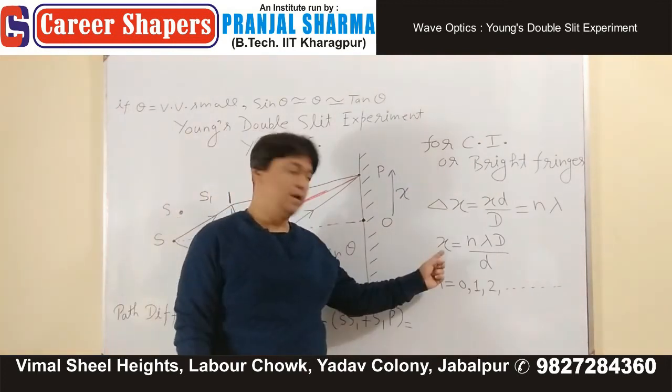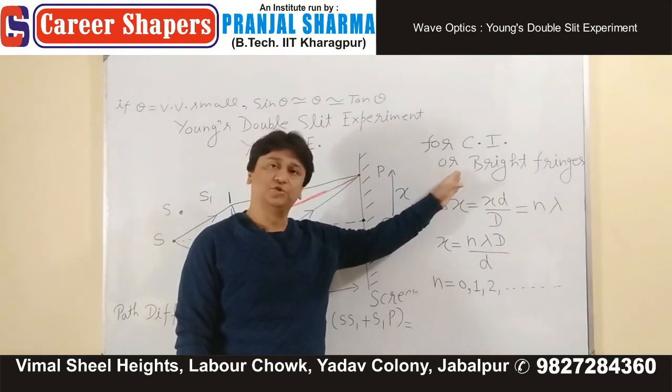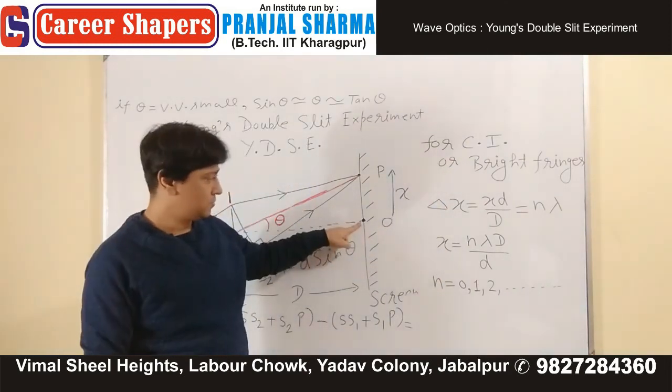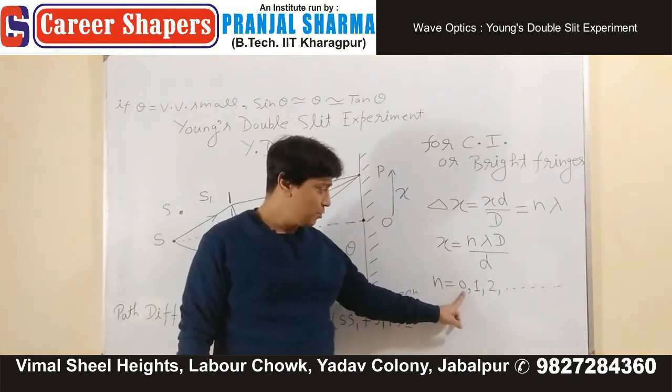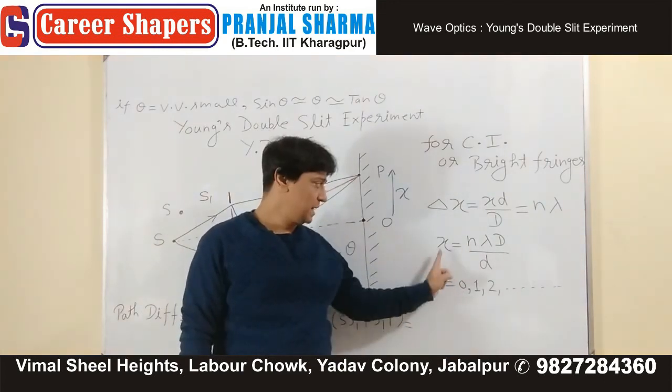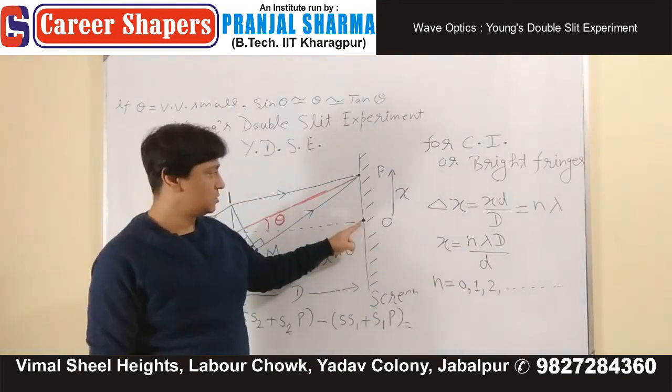This is the position of bright fringe from O. When I put n equals to 0, I get x equals to 0, that is O.